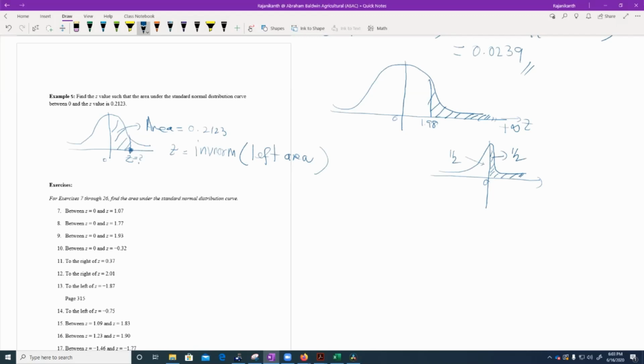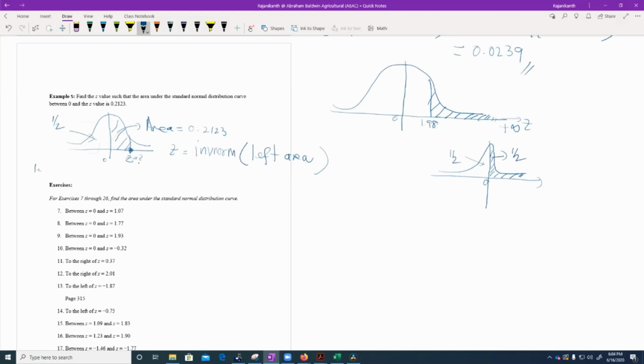Therefore, what is my left side area to this point? The in-between area is now given as 0.2123, but the uncolored left side area is half, right? Why? Because of the symmetry, this side area is always half. That means the total left side area to that point Z is nothing but half plus 0.2123, right?